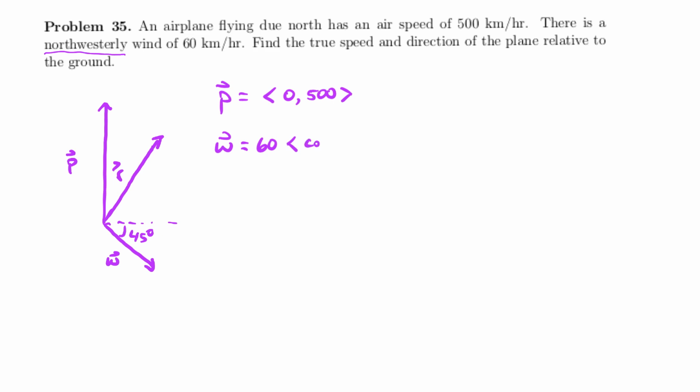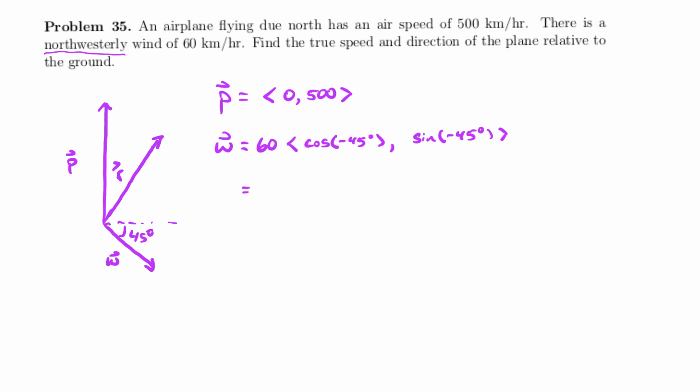Well, the first component is going to be the cosine of whatever the angle is, and in this case the angle is negative 45 degrees because we're coming from the northwesterly direction, and so our angle with the horizontal is actually a negative 45 rather than just being a 45. And likewise for our y component, it's the sine of negative 45 degrees.